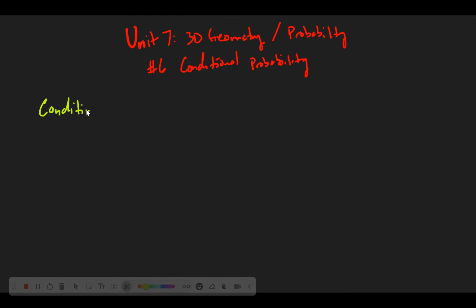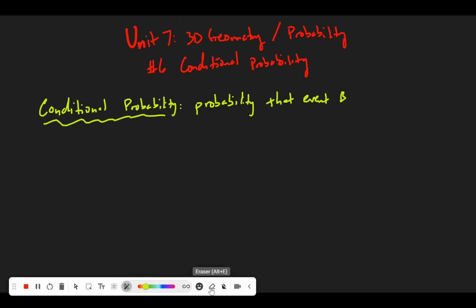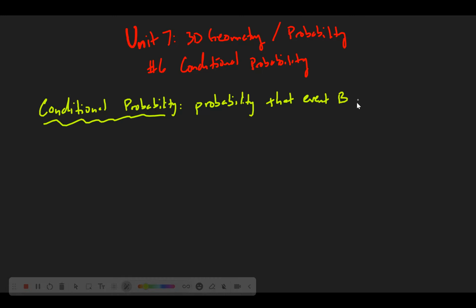Conditional probability is defined as the probability that event B will occur, given that event A already occurred.